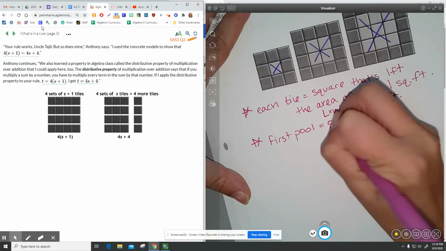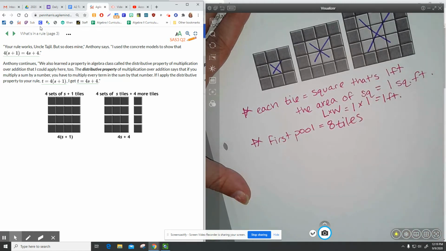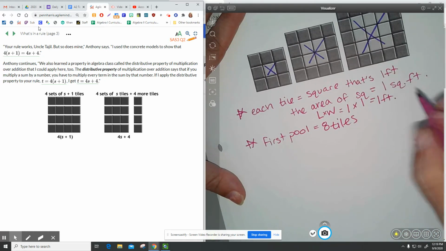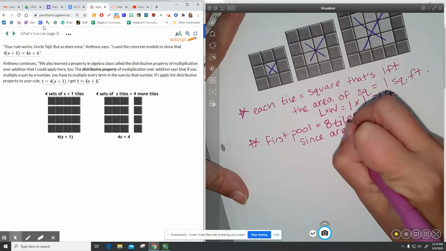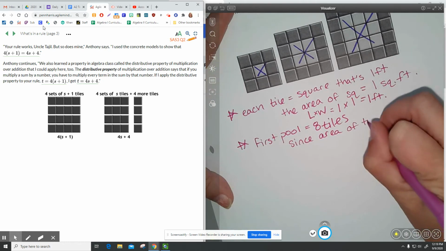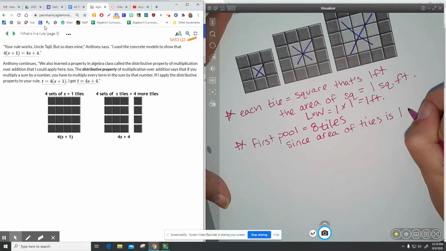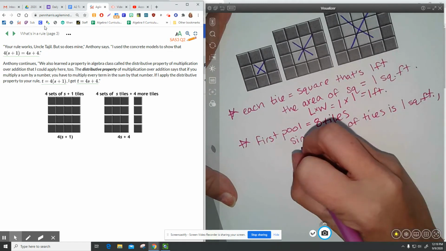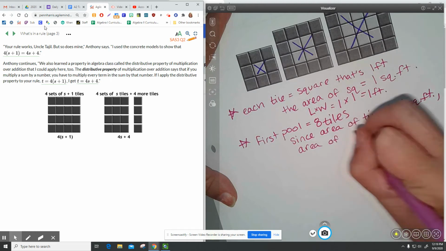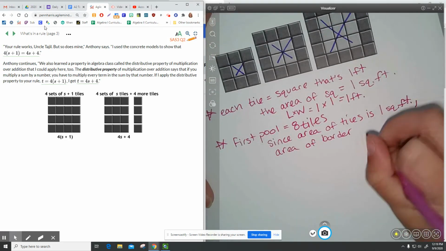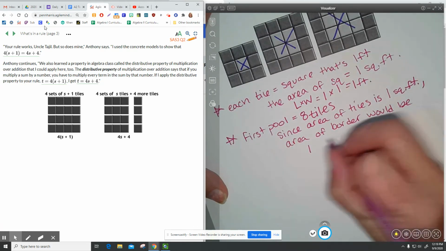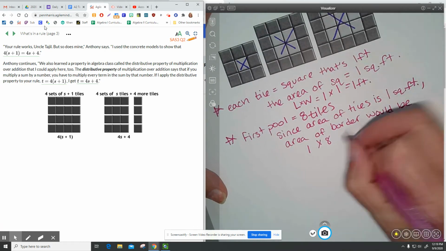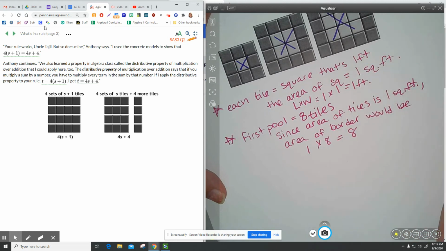Again, since the area of each tile is 1 square foot, the area of the border would be 1 square foot times the 8 tiles, which equals 8 square feet.